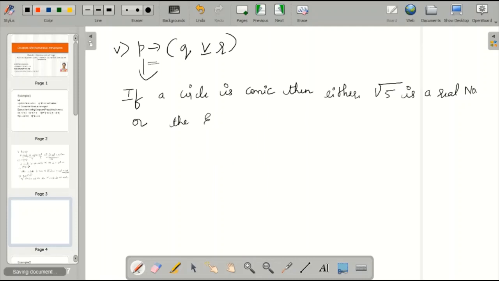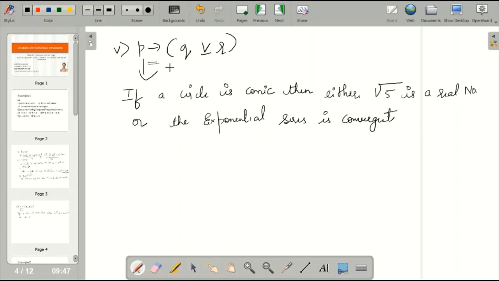What is that? The exponential series is convergent. Write R as it is, but what you are missing? It is exclusive or. You wrote either over here, you wrote or over here, then you should write but not both. So this is how you are going to write the fifth expression.